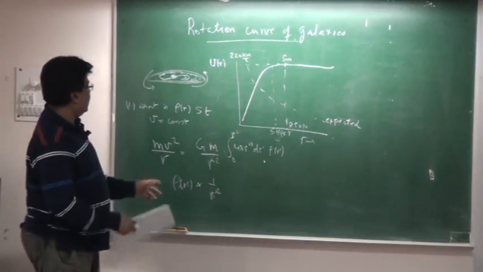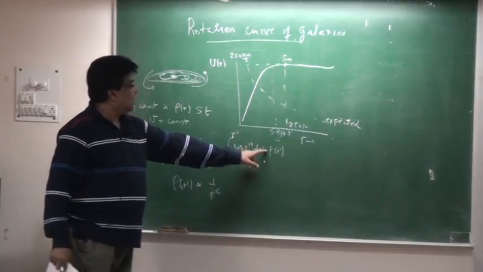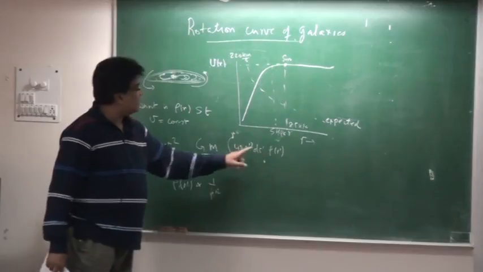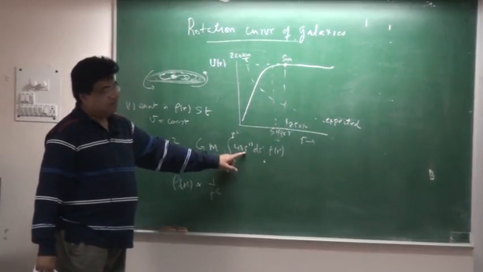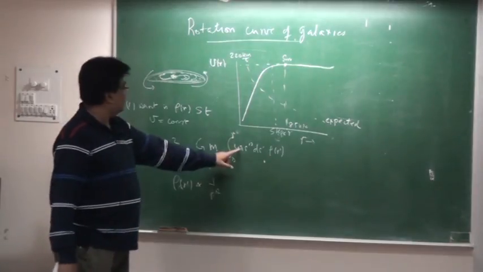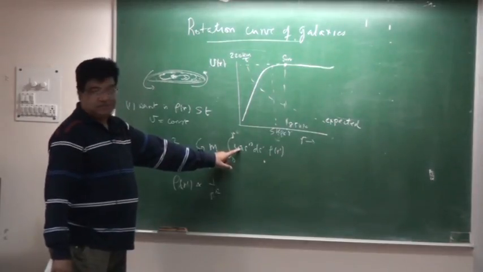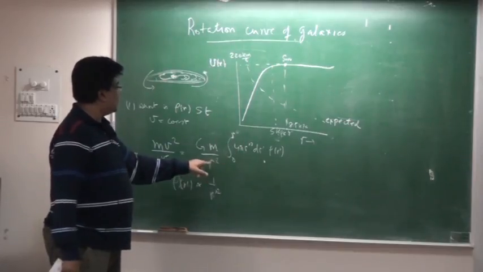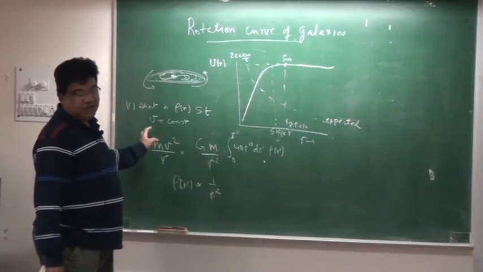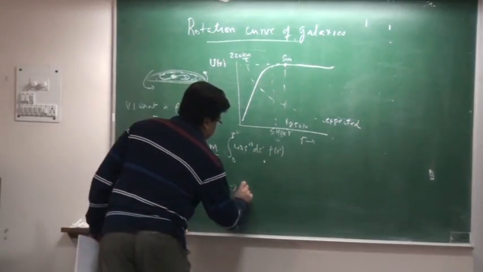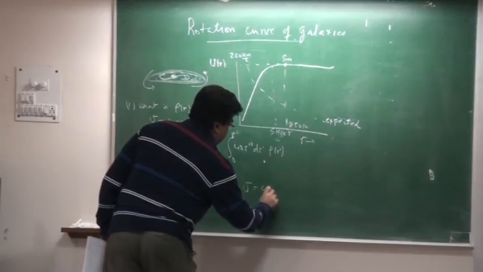You can put that in and see that if it is 1 by r prime square, that cancels with this r prime square, and so here you will get an r, right? Then this r and that r from there will cancel this r square, and you will get a v which is constant. So this will imply that v is a constant.